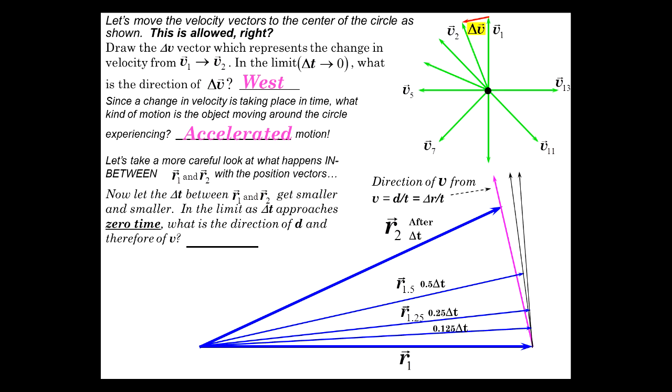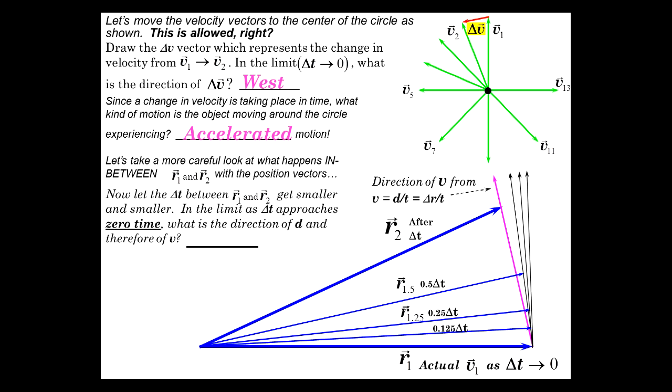There's R sub 1.125, right? In any case, we split the difference again, and look how that resultant, the displacement, and therefore the velocity, which is what's represented here, is pointing more and more vertical.